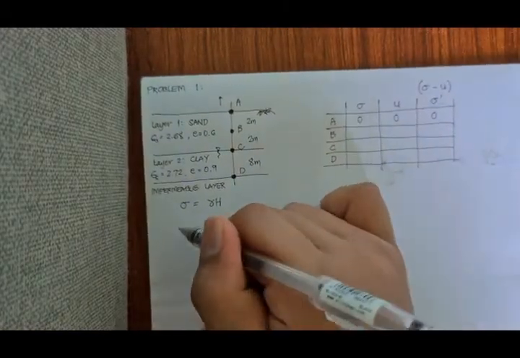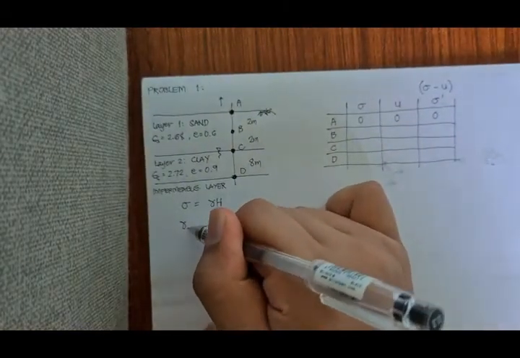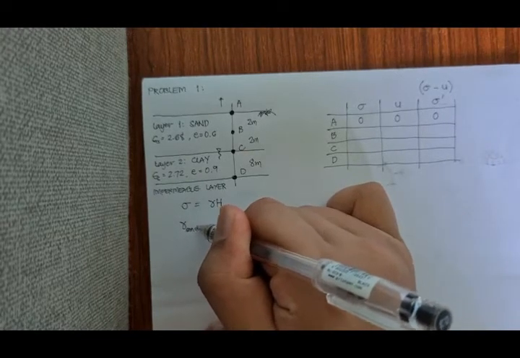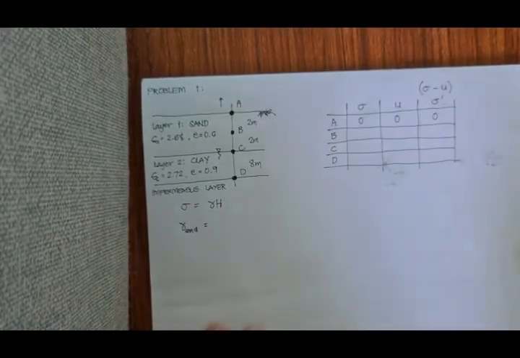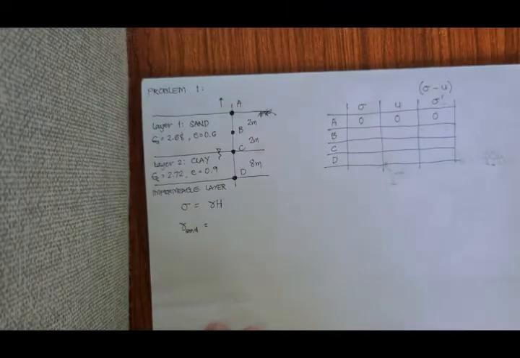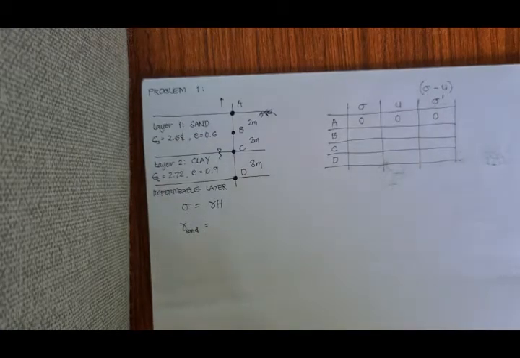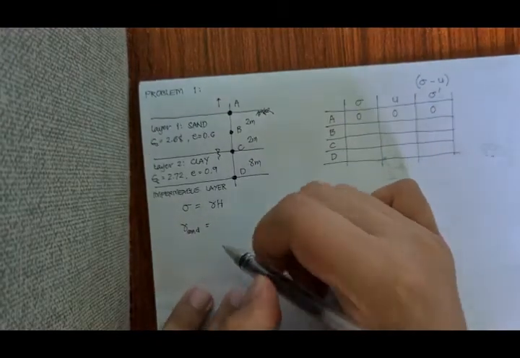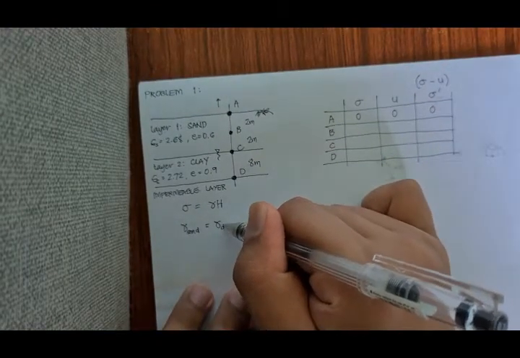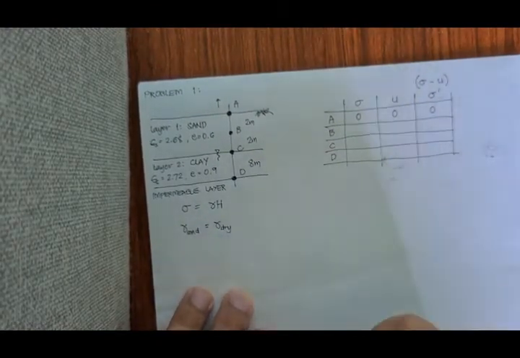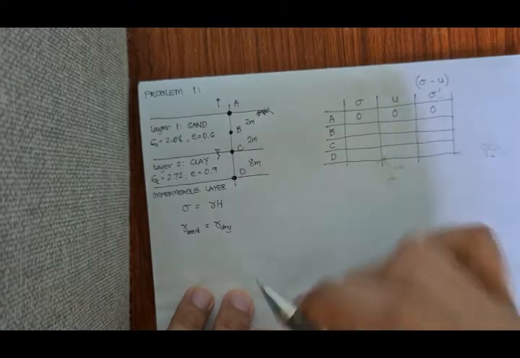Pero, ano ba yung gagamitin natin para sa unit weight ng sand? Ano ba yung special capability or non-capability ng sand? Alam natin na hindi siya nakakapag-hold ng water. Therefore, kailangan nating gamitin na yung dry unit weight ng sand para doon sa first layer natin.